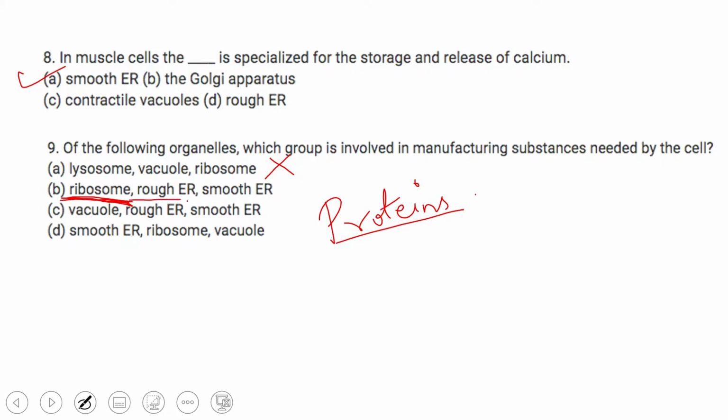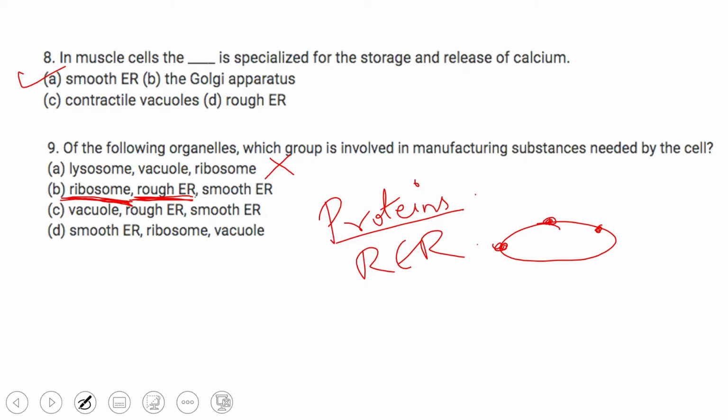The next is rough endoplasmic reticulum. Yes, RER also synthesizes proteins. It is the ribosomes which sit on the RER that can synthesize proteins. Obviously, free ribosomes in the cytoplasm also synthesize proteins, so ribosome is also correct, and rough endoplasmic reticulum is also correct.